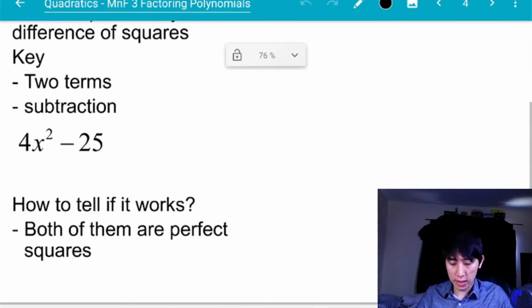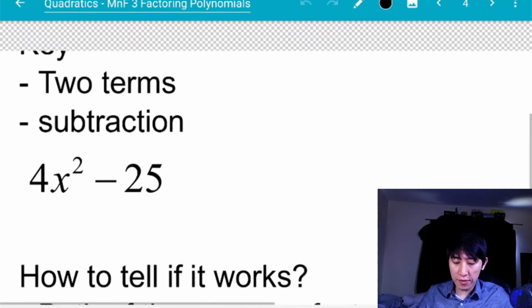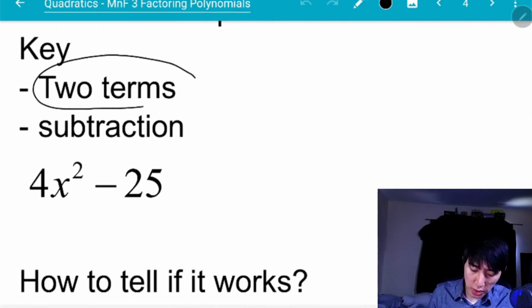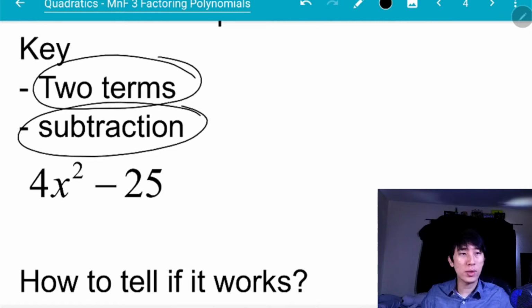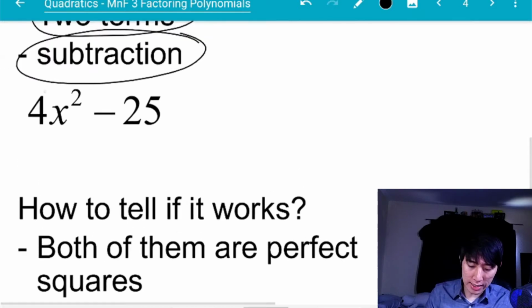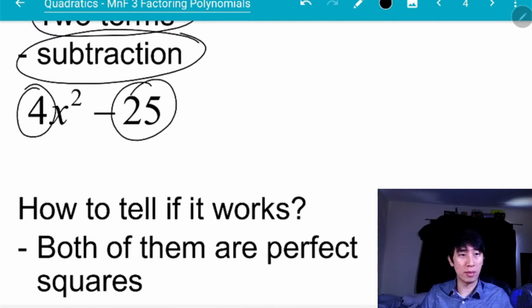All right, so here, again, this is the key. Whenever you're doing difference of squares, if you see two terms and there's subtraction between the two terms, that's when you start thinking, maybe I'm allowed to use difference of squares here. Now, the way that you know that you're allowed to use difference of squares is if both of these are going to be perfect squares. What I mean by that is this is a perfect square and this is a perfect square.